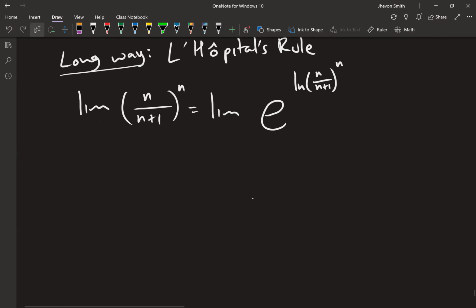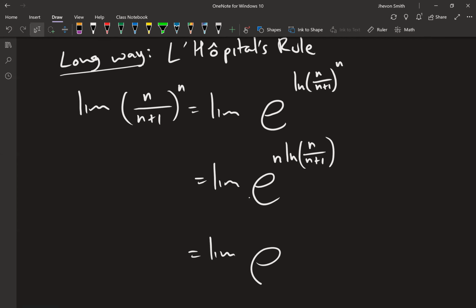This allows me to write this as e to the n ln(n over n plus 1), which I would write as e to the ln of n over n plus 1, divided by 1 over n.